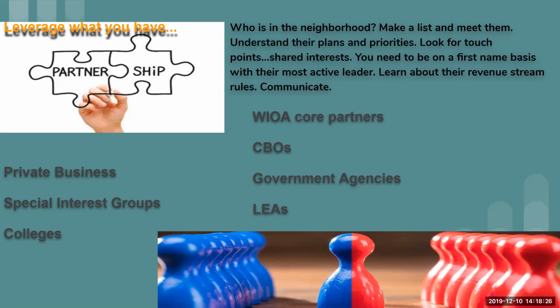The saying goes, a rising tide raises all boats, and that's very true in high quality partnership systems. So learn about your partners, learn what their priorities are, learn about their revenue streams, and the rules that they have to follow, so that you can help them engage you in your goals as well.